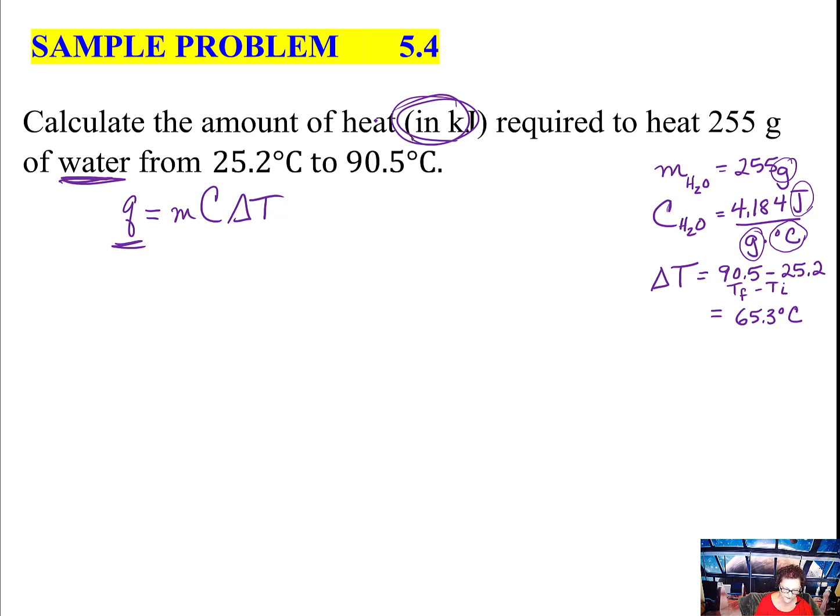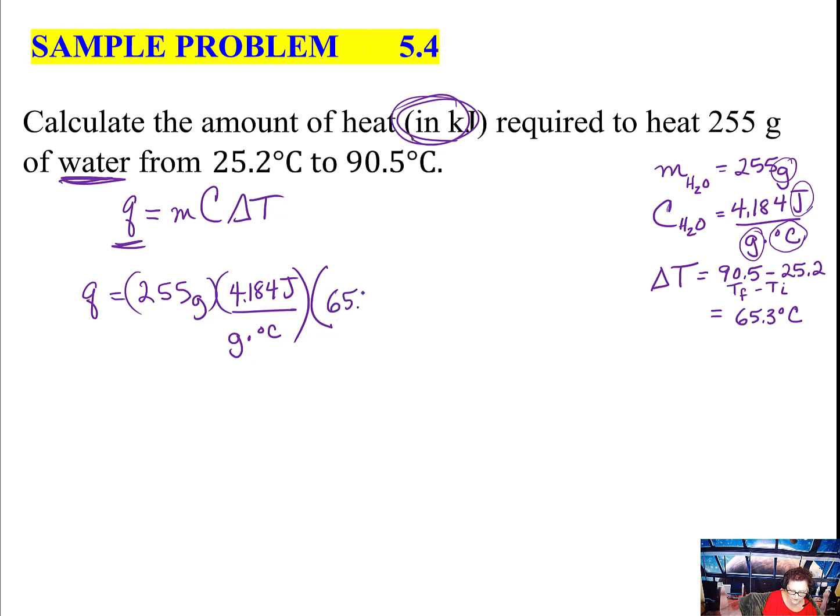The amount of heat, Q, is equal to the mass, 255 grams, times the specific heat of water, 4.184 joules per gram times degrees C, times delta T, 65.3 degrees C. That gets rid of grams and degrees C, leaving me with joules.